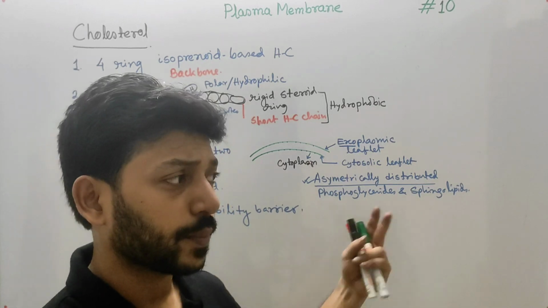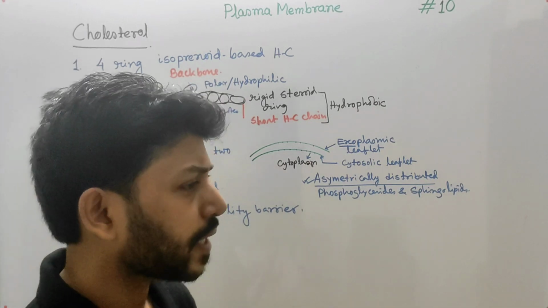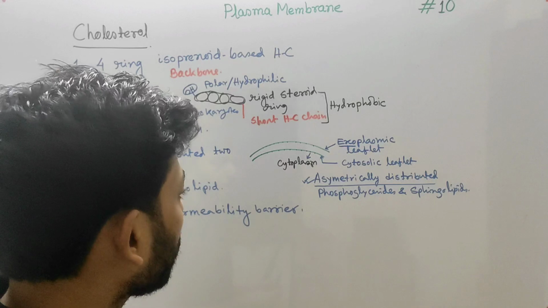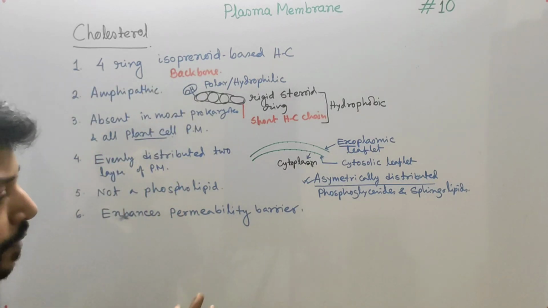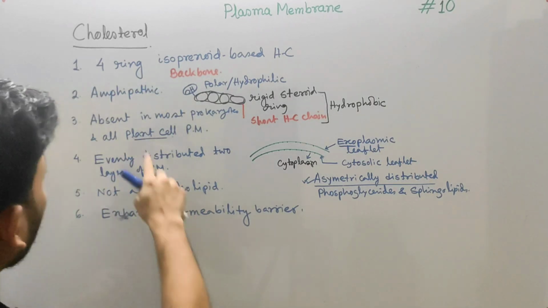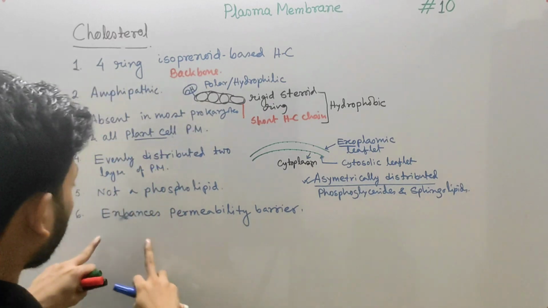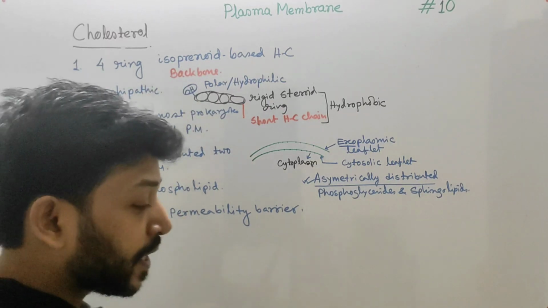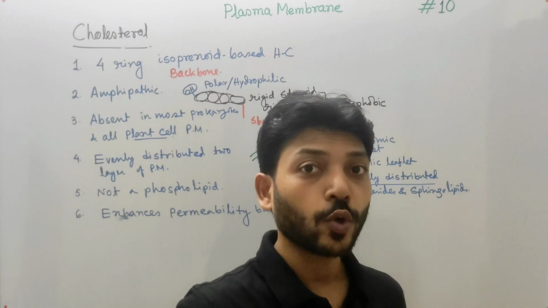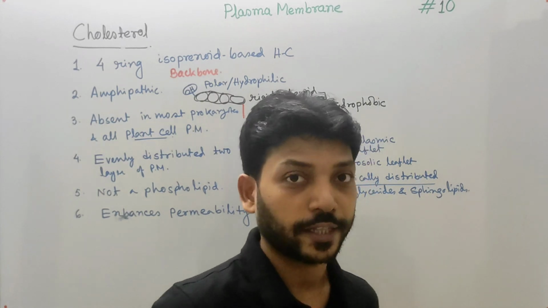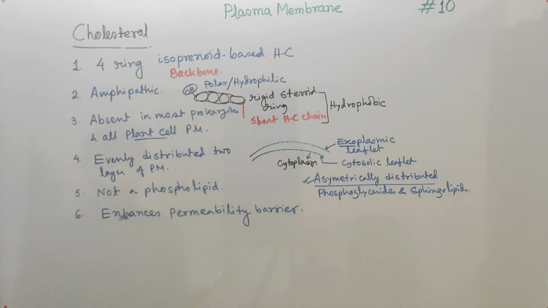That's why the plasma membrane is also known as a semi-permeable membrane. Some molecules are permeable, but many molecules are not. So when cholesterol is mixed with phosphoglycerides and sphingolipids, it enhances the permeability barrier. That means it prevents more molecules from entering the cells or being transported through the plasma membrane. This is another important point. It is really important in cholesterol.